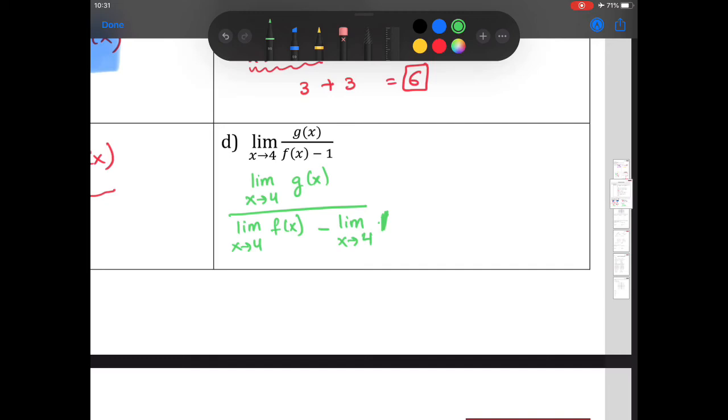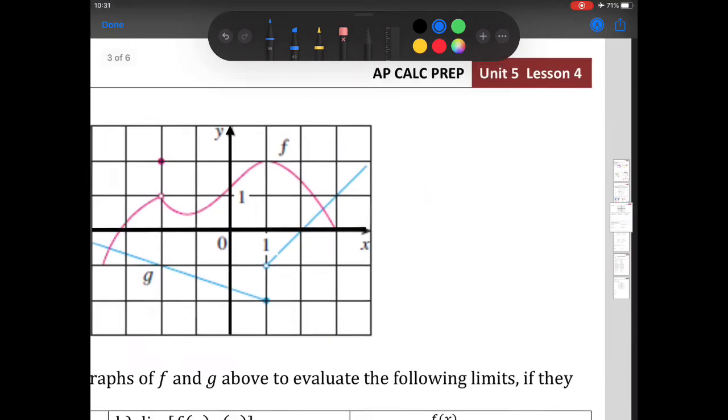It wouldn't have really mattered, so that's okay. So what is it? The numerator I get 3. The limit as x approaches 4 of f of x is 0, minus 1. Limit of a constant is just that. So it's negative 3. So this is how you do these questions.